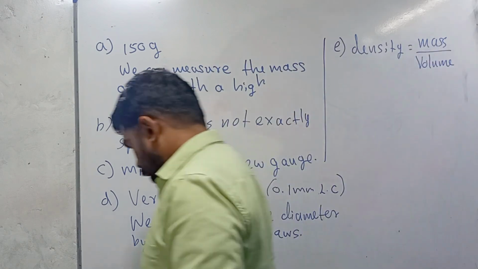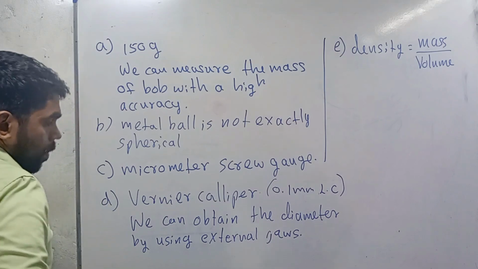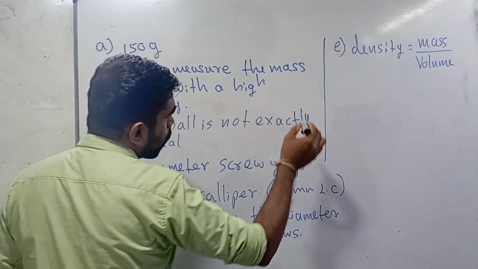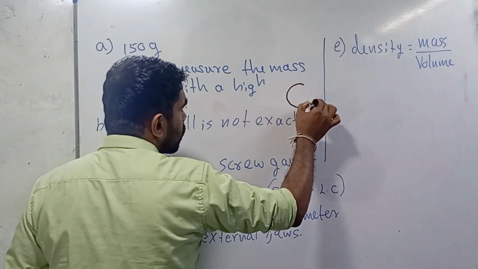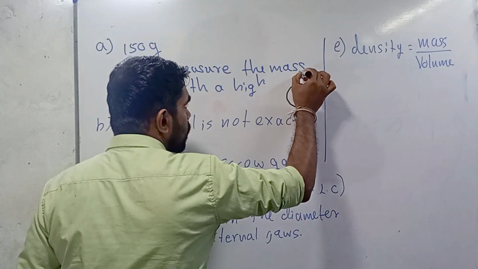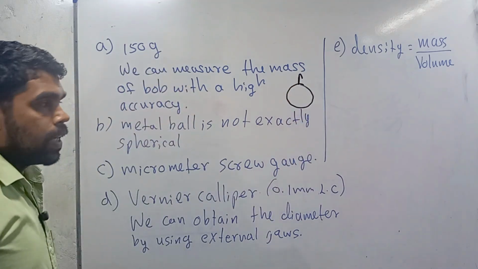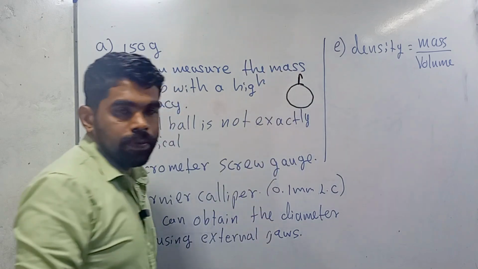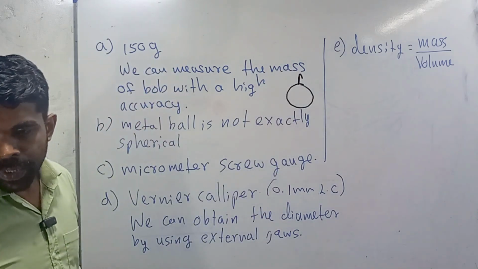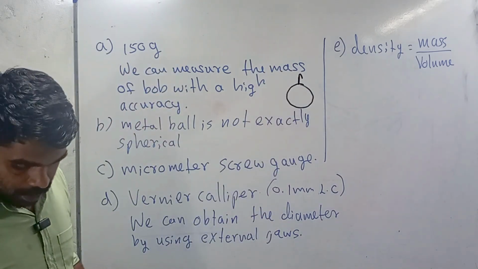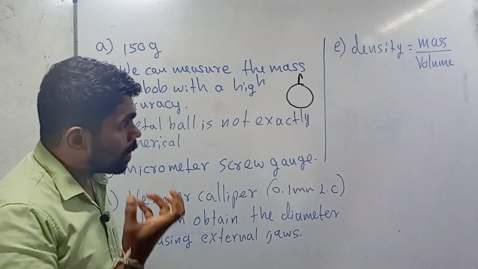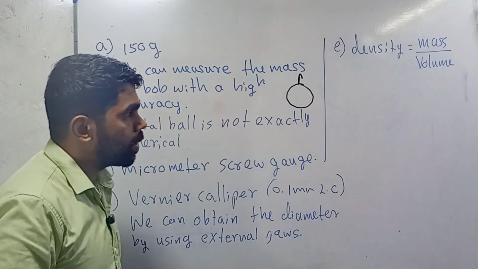But now they have given that there is a hook with the given sphere like this. It is attached permanently with the sphere. Therefore, we can't get a mass reading without the hook.